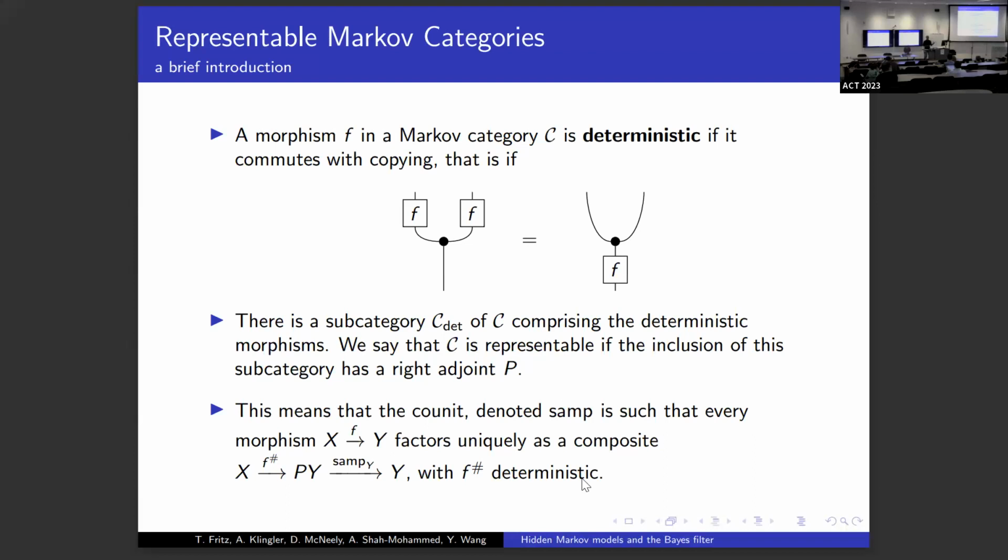So if you have an object X, what we've denoted by PX is going to represent the distributions, and SAMP is then a morphism from distributions over an object to the object itself, and that's just sampling from this distribution. So if you go to a deterministic counterpart, then to get the original morphism back, you just get this sort of true, not random function that spits out a distribution and samples from it. Okay, thank you.